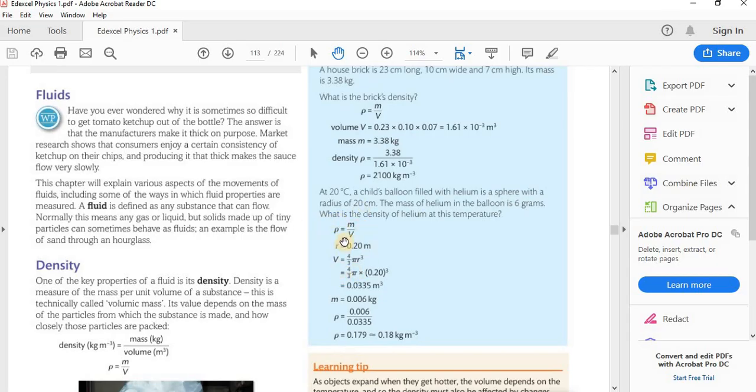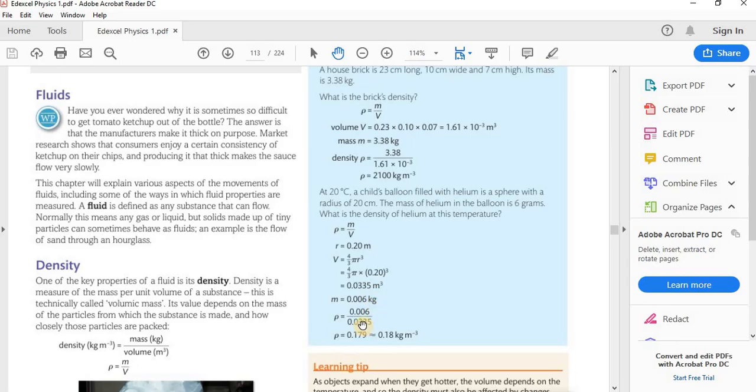So we are given the radius, so we can find the volume using this formula for volume of a sphere. Again, this is in cubic meters, so we have to convert this to meters. Okay, we have converted here into meters and substituted, and then you get that volume.